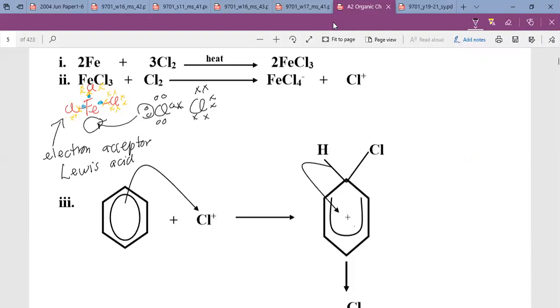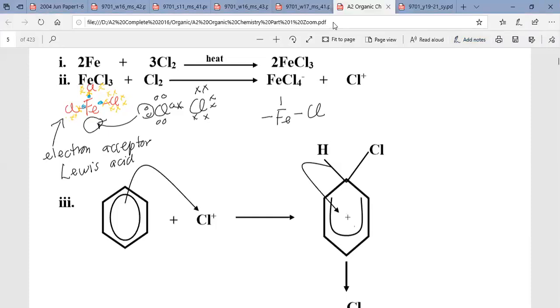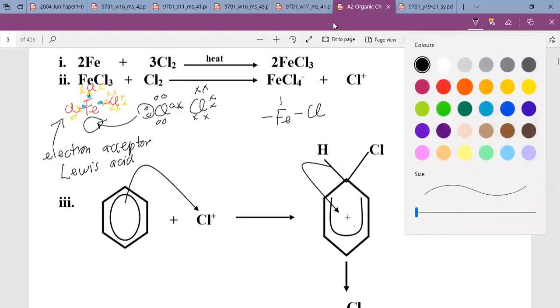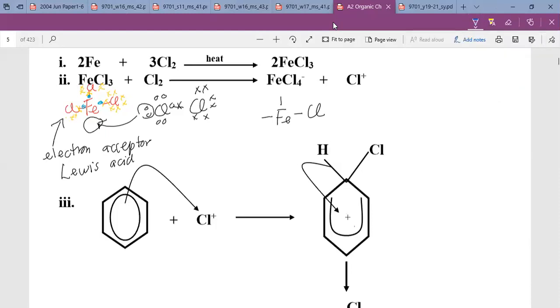Now when it goes to here, the Fe will form. I'm going to draw this in a different blue color to show the difference.